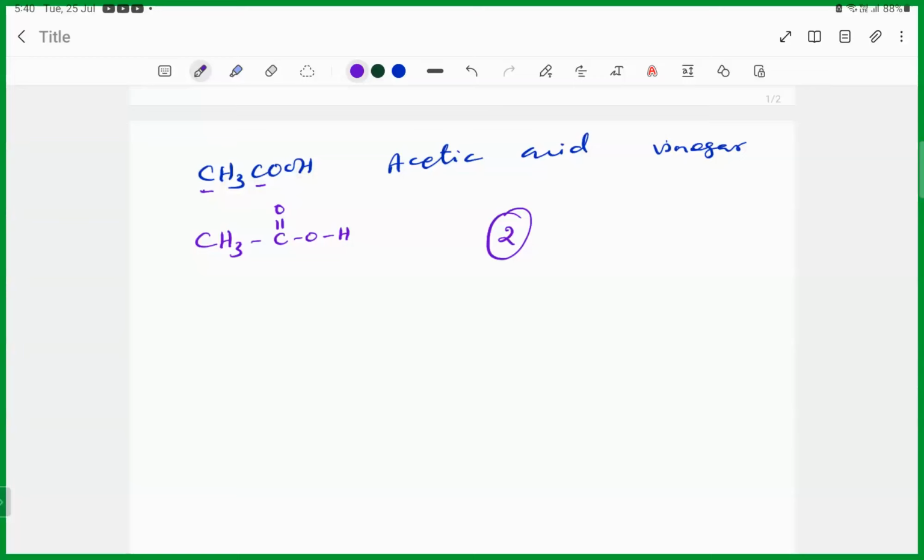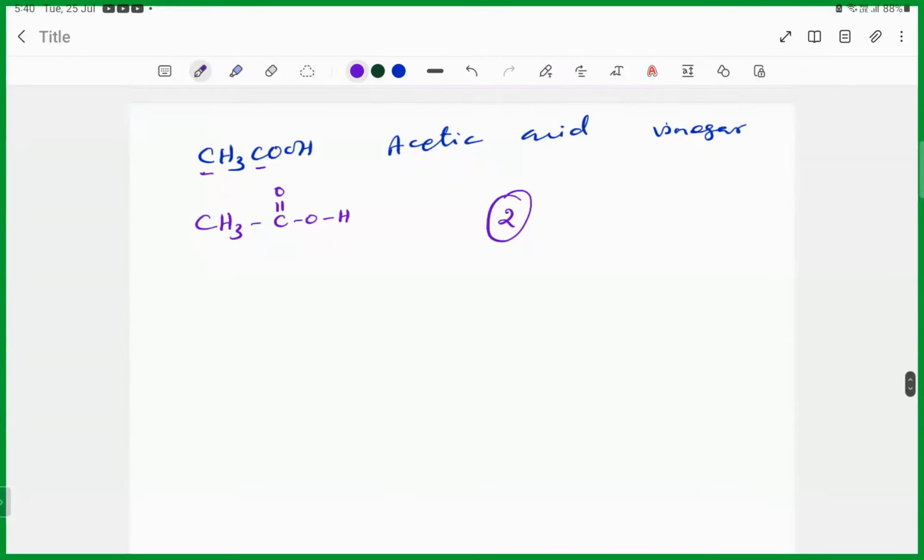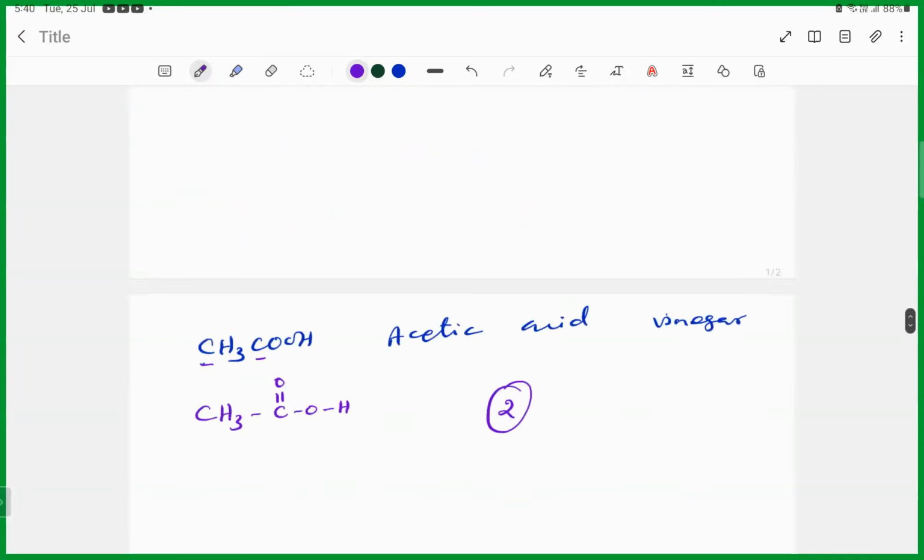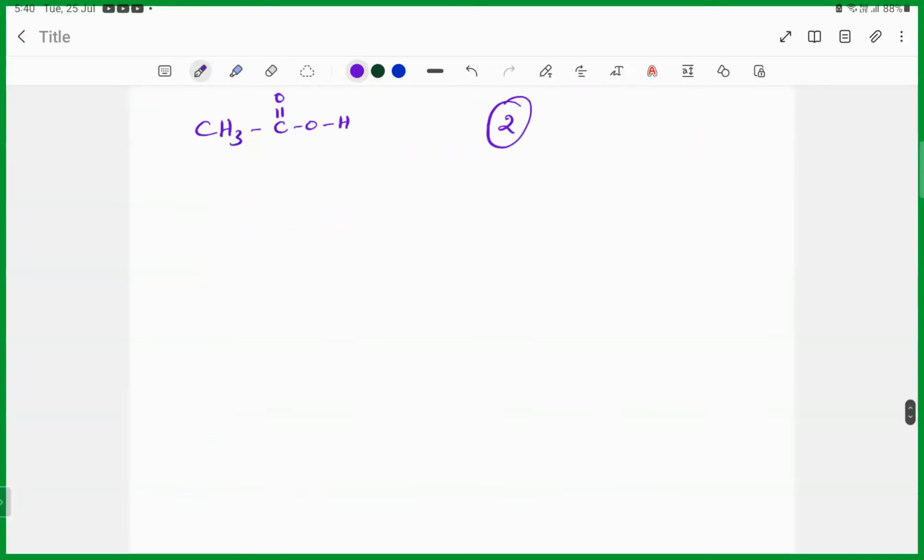What is the root word? Two carbons now. One means meth, two means what is the root word?